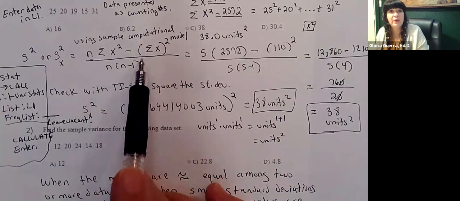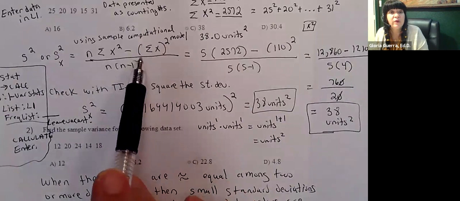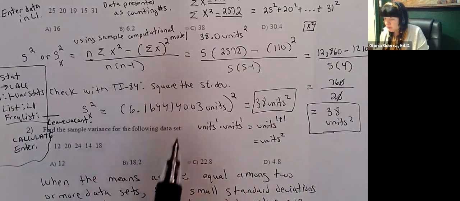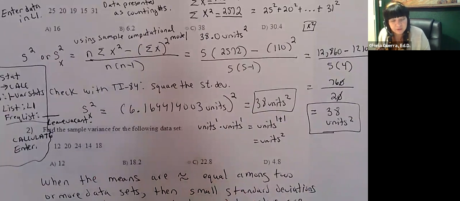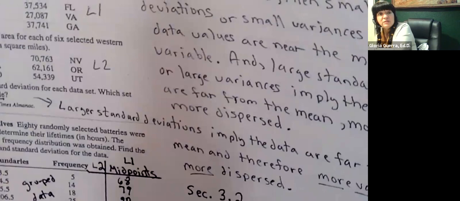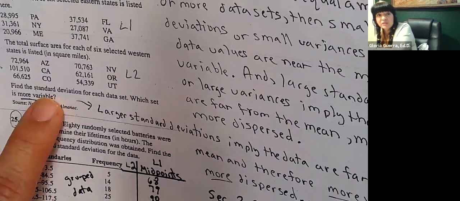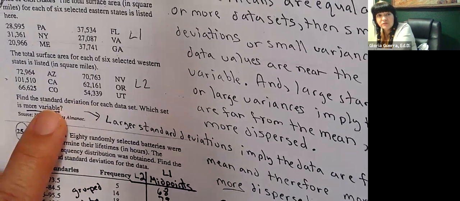Oh, I take that back. This is finding the variance. I'm just talking about if you're finding the standard deviation. They didn't say find the variance and find the standard deviation. This one just said find the standard deviation.